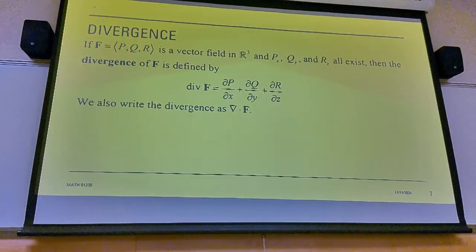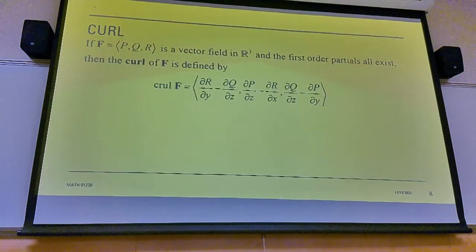Let's see if this one looks familiar. The curl. Given a vector field P, Q, R. Curl. I'm not an English major, shut up. All the first order partials exist.